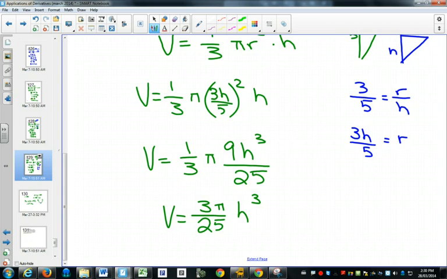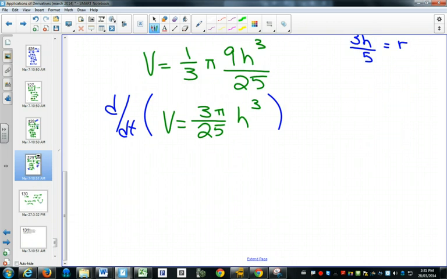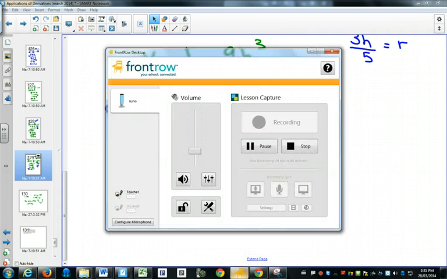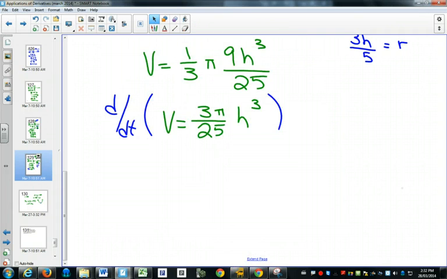And now we can take the derivative with respect to time of the whole thing. We've got implicit differentiation. The derivative of V would just be 1, and then chain rule would be dV/dt.